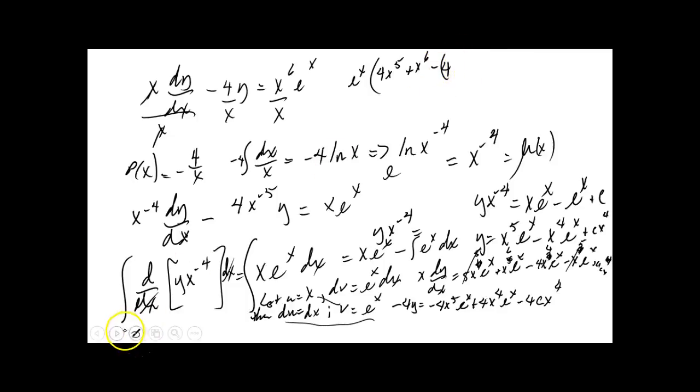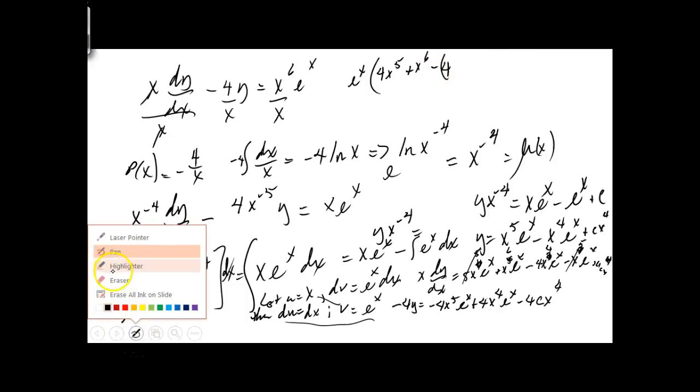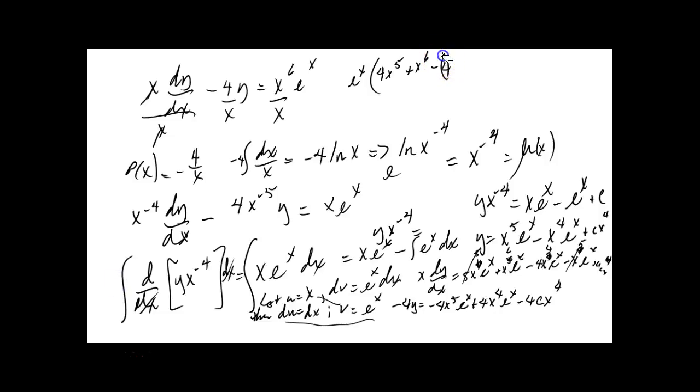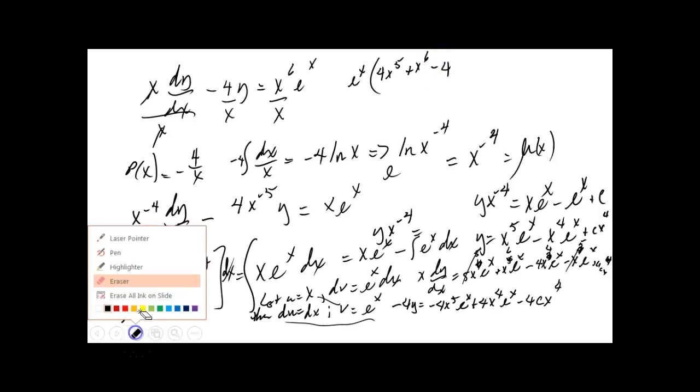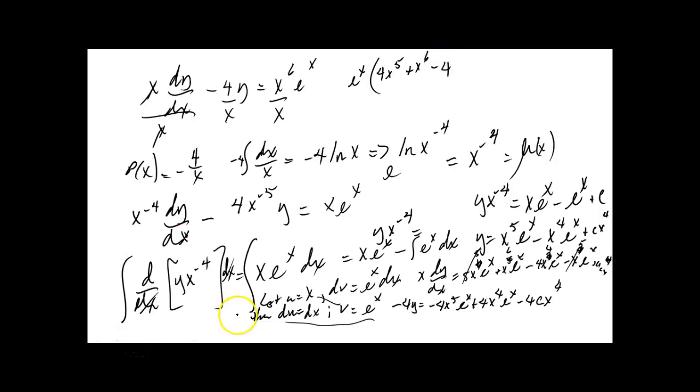Let me get rid of that parentheses too. That's why I hesitate to do these, because they're so tedious. We're doing those with the e to the x terms, and we got those, and this one is by itself, minus 4x to the fourth e to the x, and then we have the plus 4c x to the fourth. That one didn't have an e to the x in it, so we can't combine it.